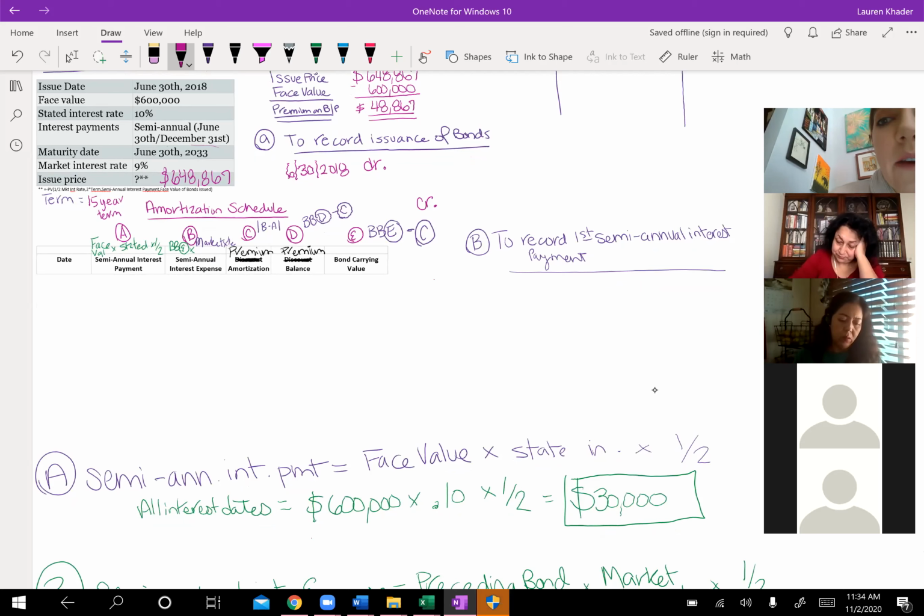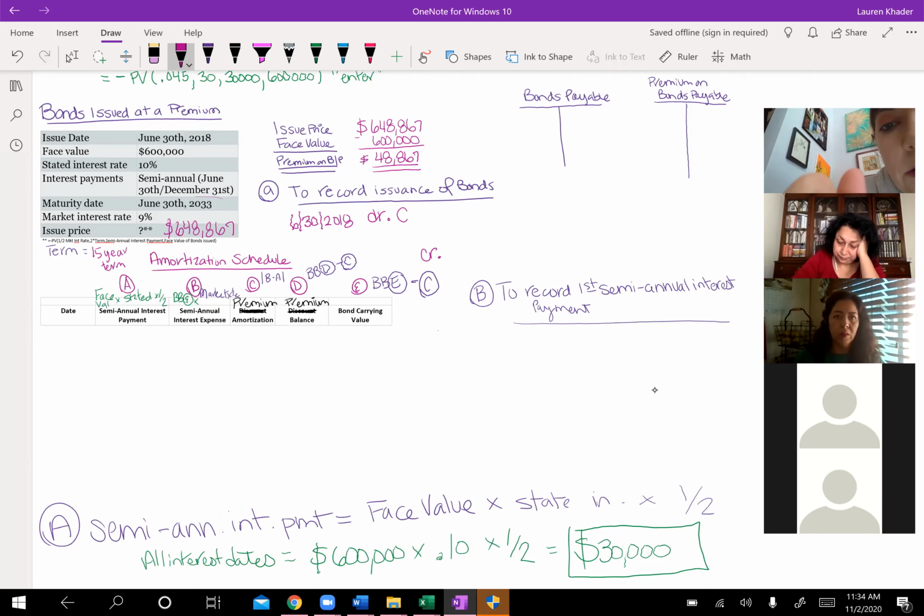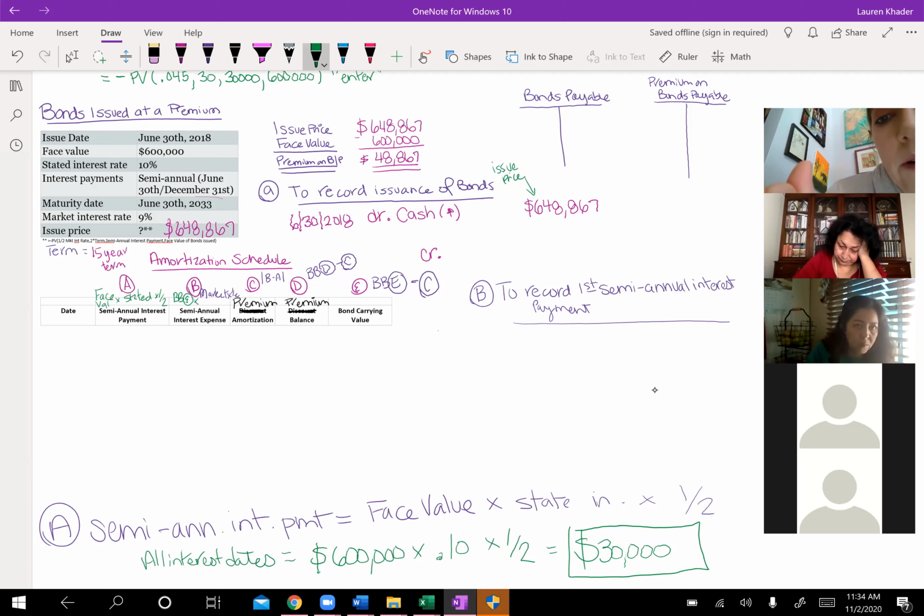So on the issue date, we're receiving cash from the issuance of those bonds. We're going to increase cash for how much? 648,867. So the amount that we debit cash for is always equal to the issue price. That's how much cash we receive.